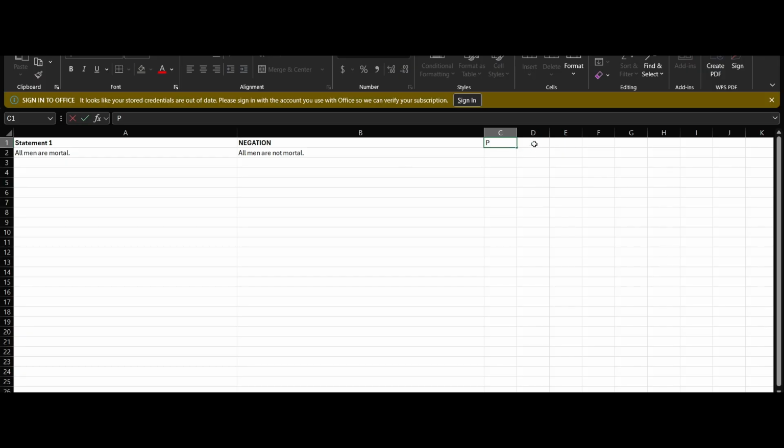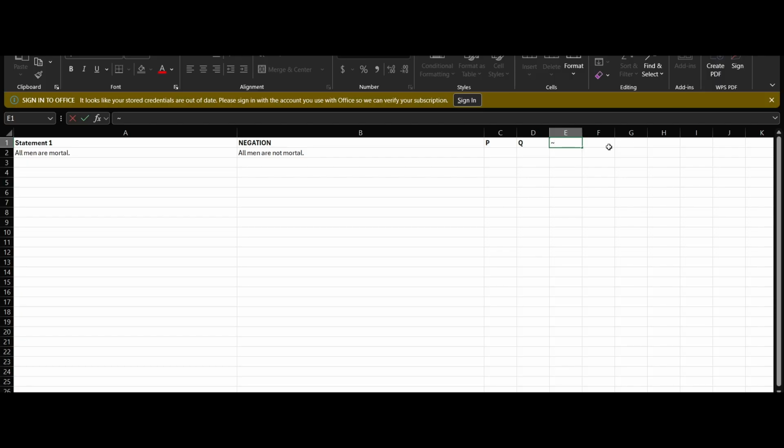So let's go to the signs, because truth tables are inherently very short, and they just consist of letters and symbols.